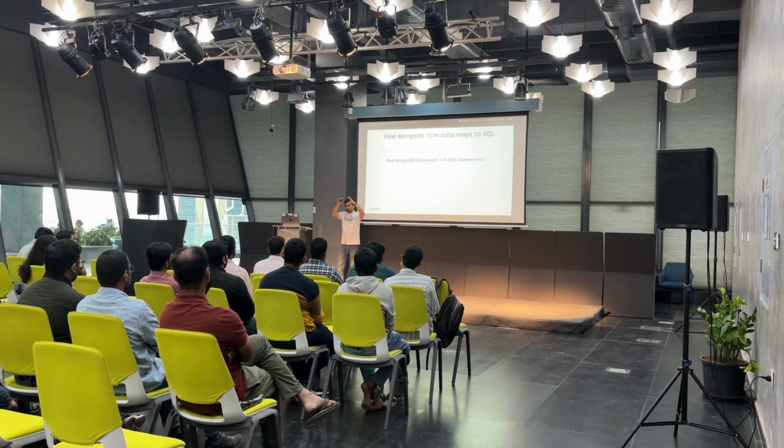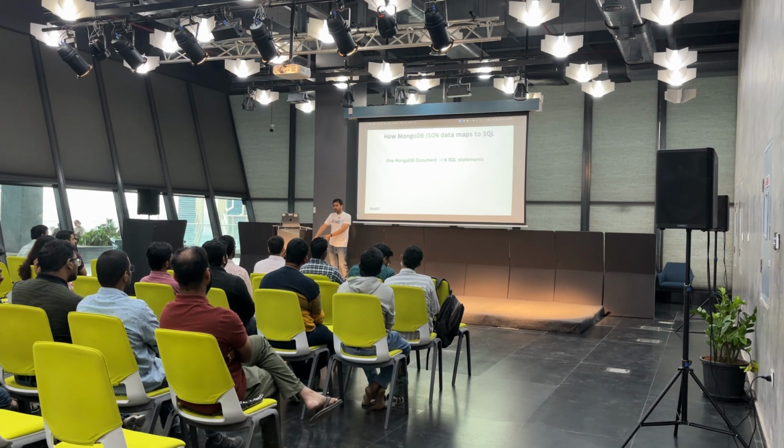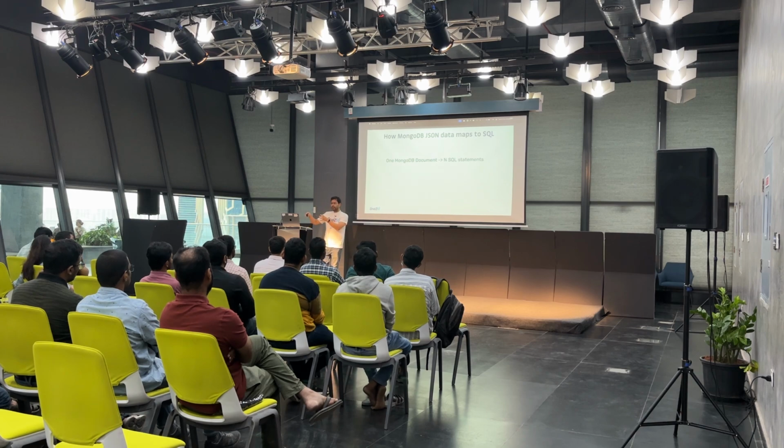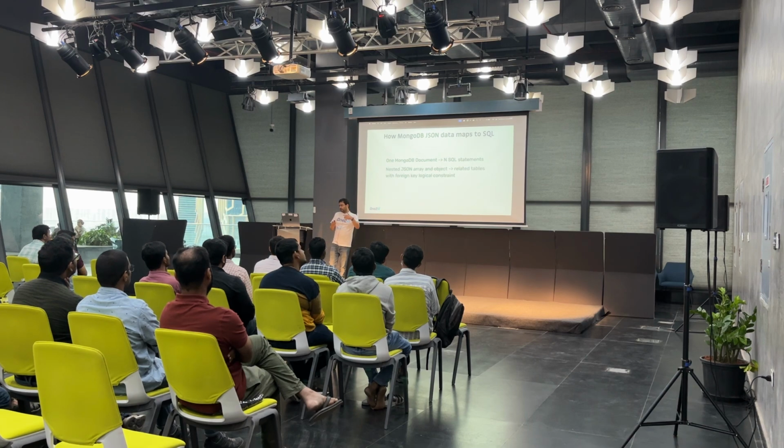All of those have to be recursively traversed to create a graph of tables almost, a directed acyclic graph of tables, and you map that. So one giant Mongo document is going to convert into a bunch of nested insert statements, and you're going to map these nested JSON and arrays into foreign key constraint kind of tables. So far with me?